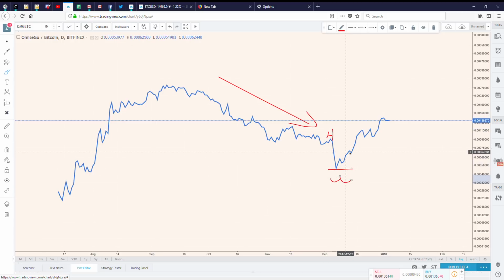But when the market then did come back up, you've now got a new high, right? And you've got a new low. And this low is higher than the previous low, and this high is higher than the previous high, right? So basically the market has reversed, and literally we are now in a new high, which is higher than the previous high. So we know that we are in current bull market.